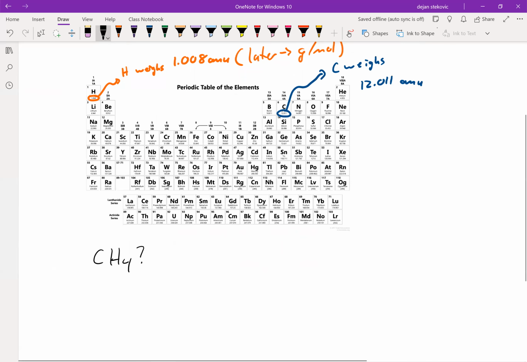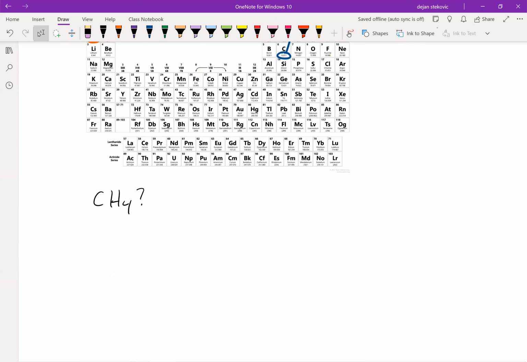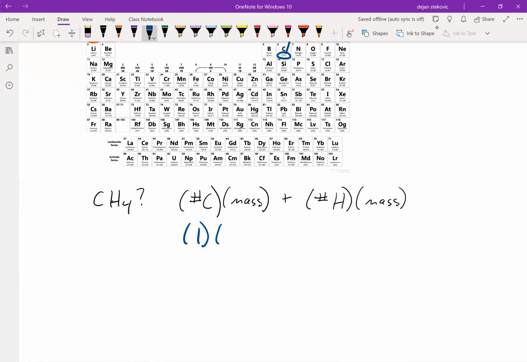Well, if you think about it, CH4 is made out of 1 carbon and 4 hydrogens. So it's going to weigh as much as 1 carbon and 4 hydrogens. So what we want to do to figure out the mass here is we want to have the number of each element that we have times the mass of that individual element. And we do that for every element in the formula, and then we add them all up. So for example, here we only have 1 carbon and it weighs 12.011 AMU.